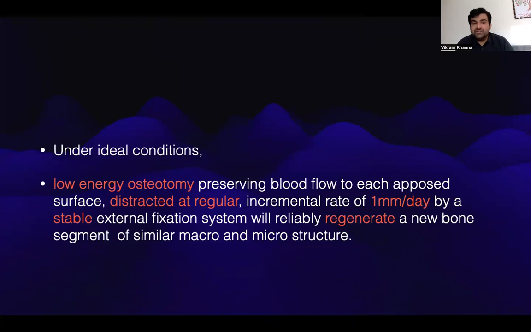Under ideal conditions, low energy osteotomy, preserving blood flow to each opposed surface, distracted at a regular increment rate of 1 mm per day by a stable external fixator system, will reliably regenerate a new bone segment of similar macro and microstructure.